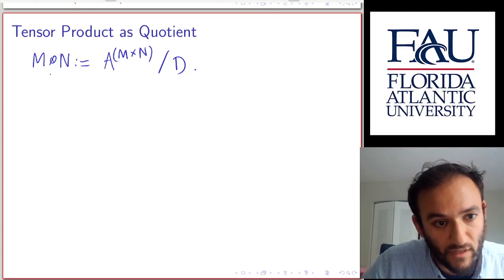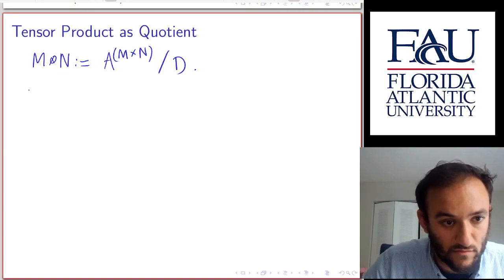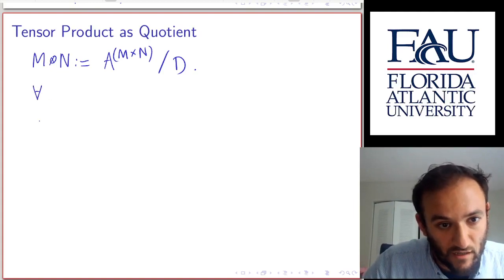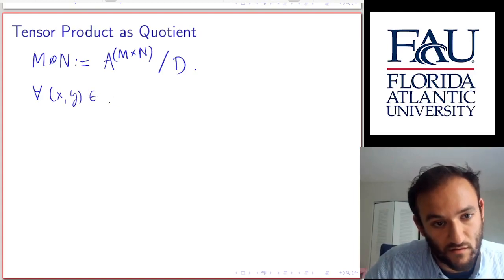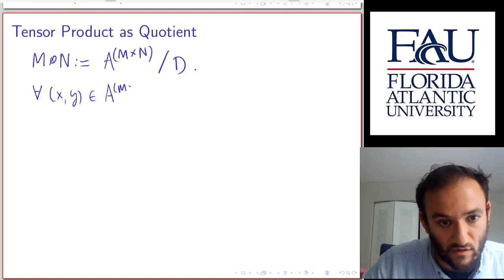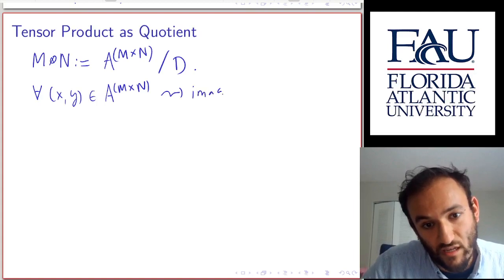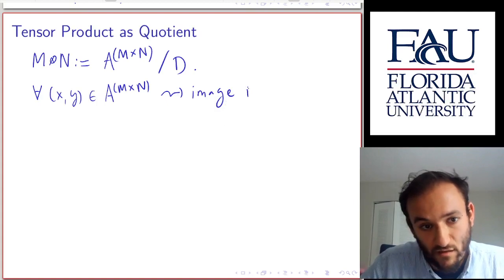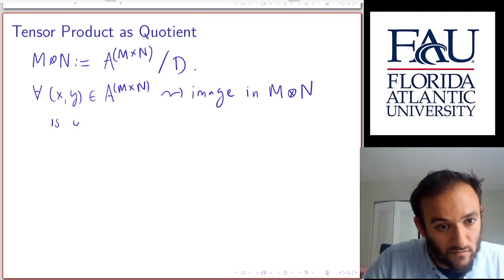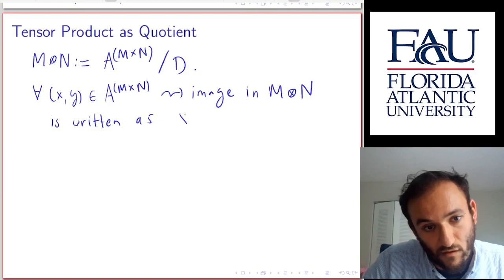And so for an arbitrary element (x, y) in the free module, its image in M tensor N after quotienting out by D is written as x tensor y.